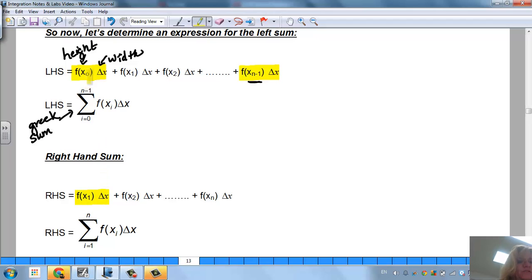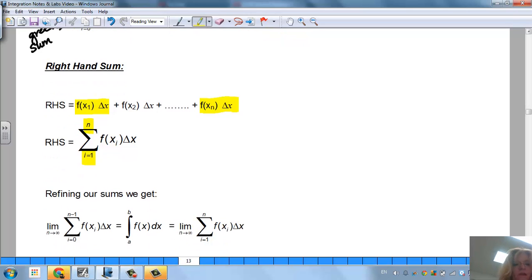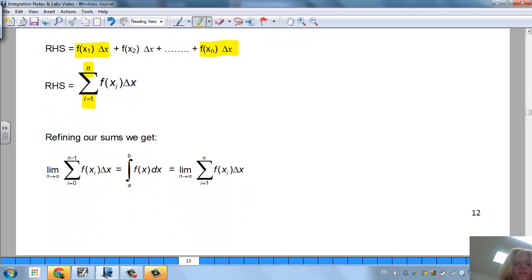See here how we start at 0, we're starting 1 over, and we're ending at the end, which is the sum of x sub 1 times the delta x, so that shows you how you're doing the sum of all these rectangles, but you're starting at the first one and ending at the very end. Again, that's the Greek letter of adding all this up.